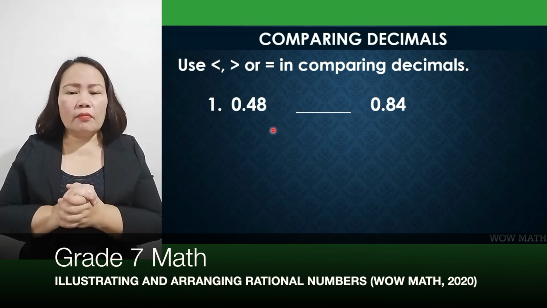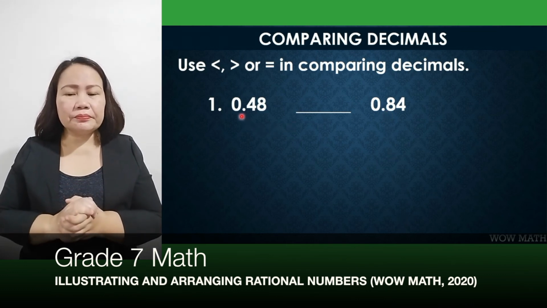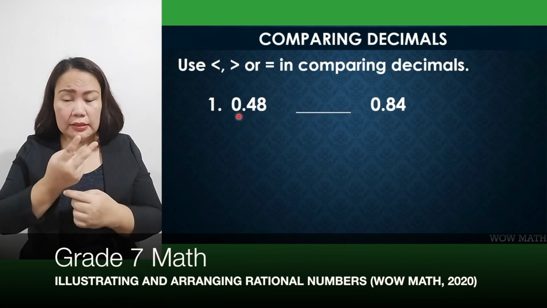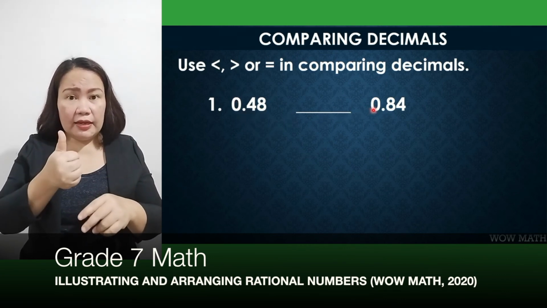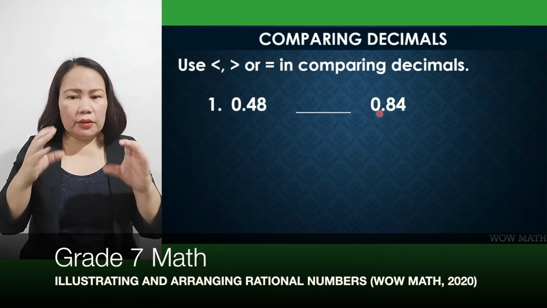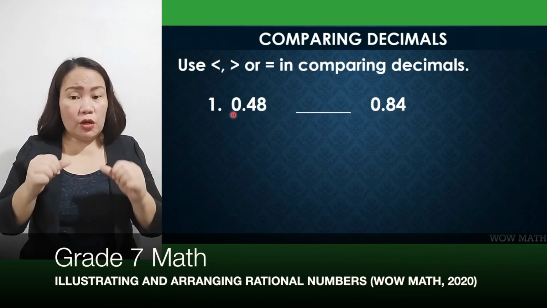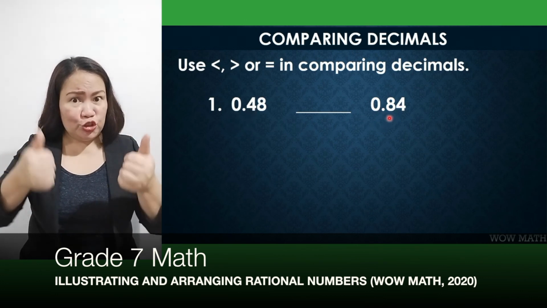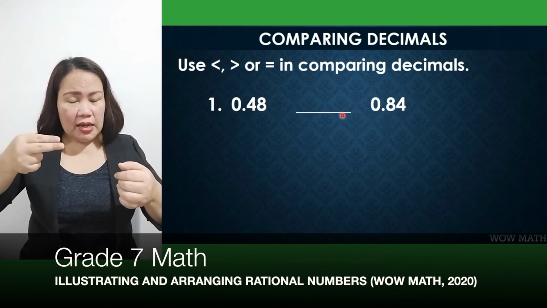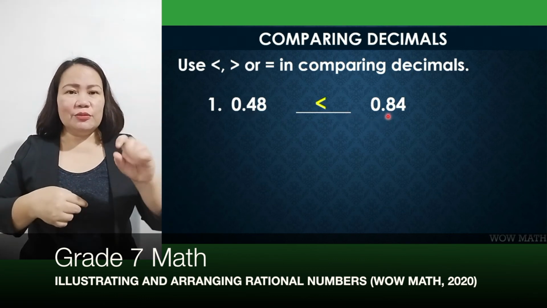So, ang gagawin natin dyan, punta ka na muna dun sa kanilang ones value. So, ones, tens, hundreds. So, compare mo muna yung ones. They are both 0. So, proceed ka dun sa susunod, yung tens. This is 4, this is 8. So, therefore, mas mataas si 0.84.